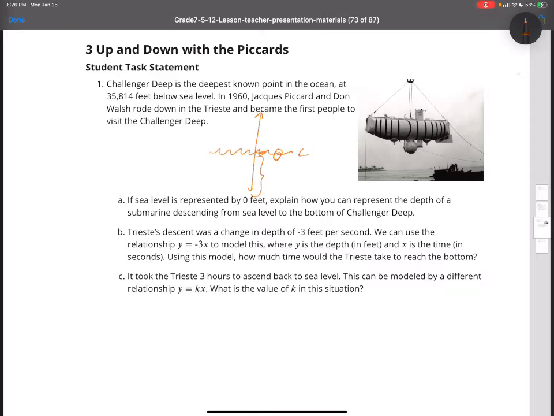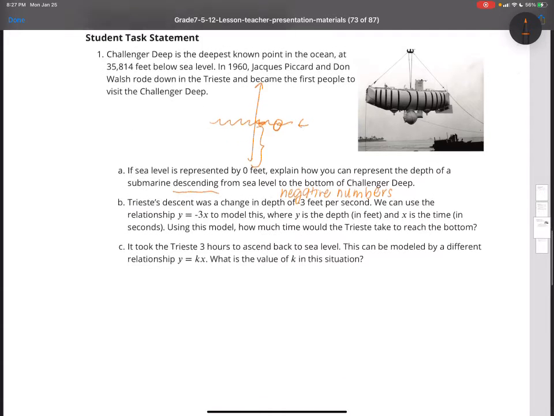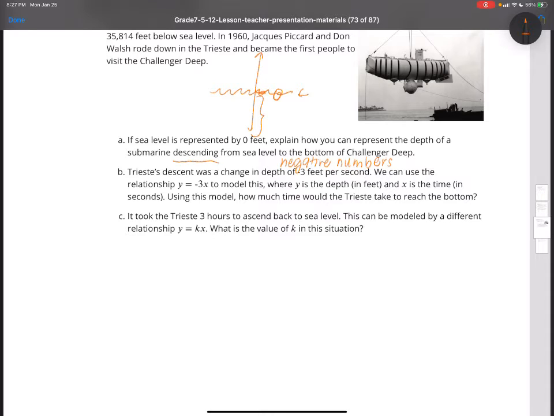What integers could we use to represent below sea level, or to represent descending? Of course, this would be negative numbers. We could use negative numbers, our integers, because it's below sea level. Positive numbers would indicate above sea level.